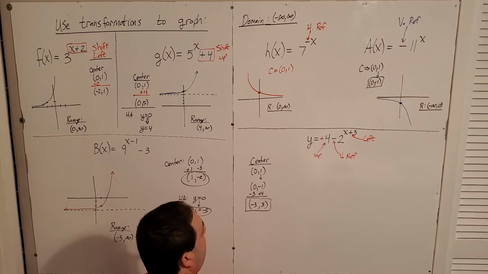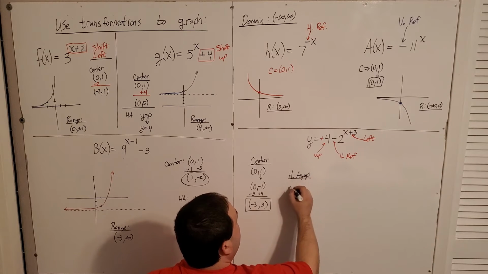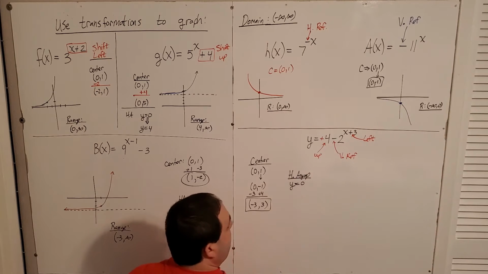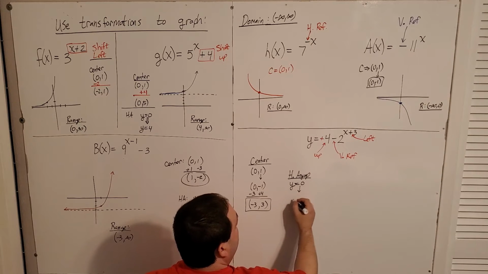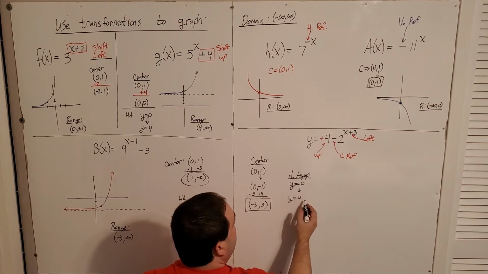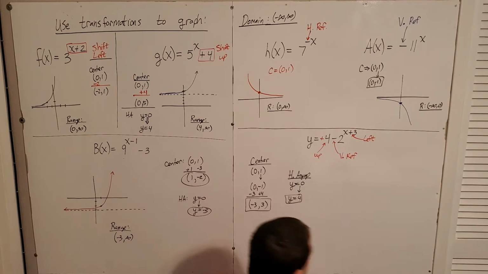Okay? Now what about my asymptote? Horizontal asymptote starts out at the x-axis, y equals 0, but we're shifted up 4. So my actual asymptote is going to be y equals 4. Let's graph this guy.